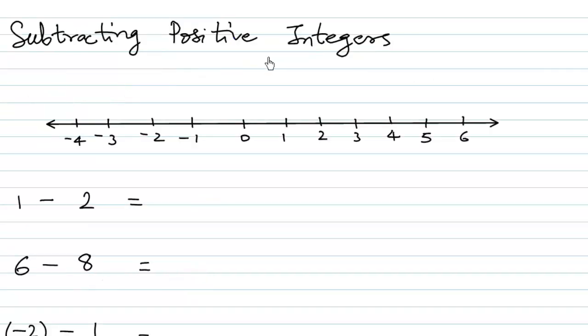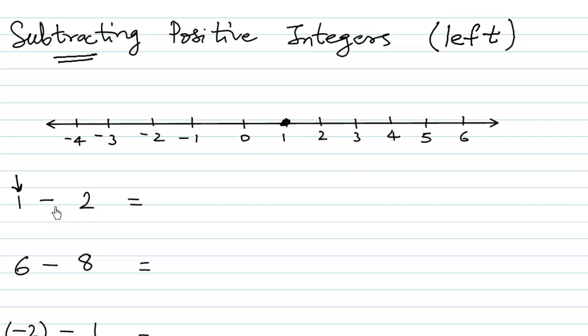But what if we want to subtract a positive integer? In order to subtract a positive integer, we move that many steps to the left. Left because we are subtracting. So we are going to see how to solve this one. So 1 minus 2. We are going to start at 1.